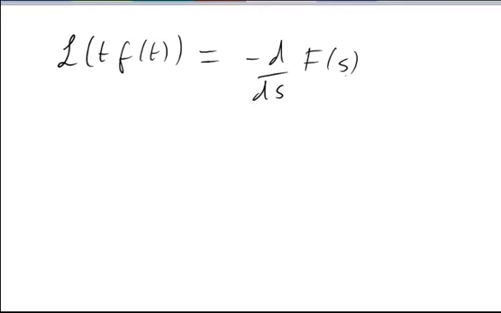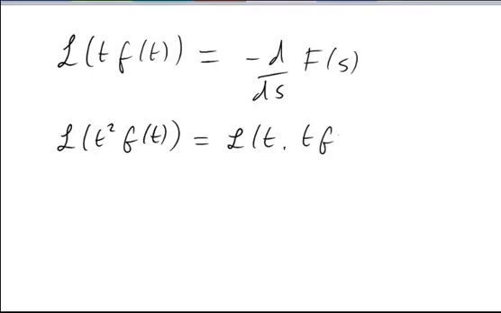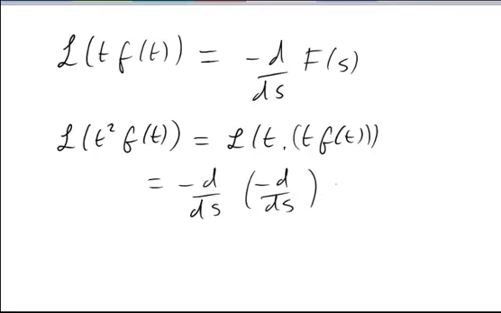Using another differentiation, it seems quite likely it will be equivalent to multiplying by another t, and in fact that is the case. If we take L of t squared f of t, that's the same as L of t times t f of t, which is minus d by ds, and then another minus d by ds of capital F of s.